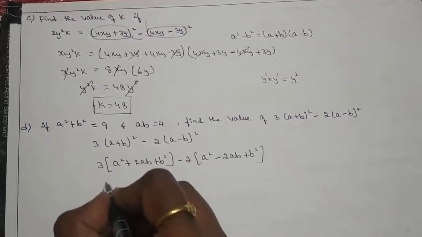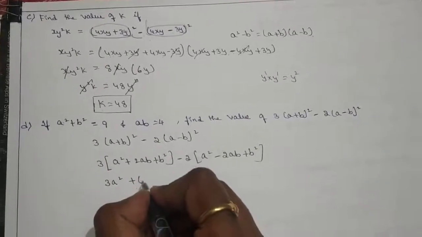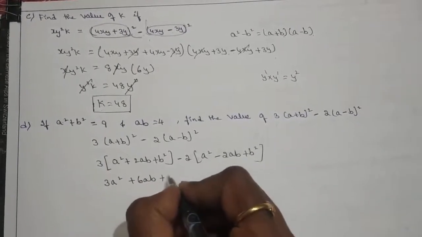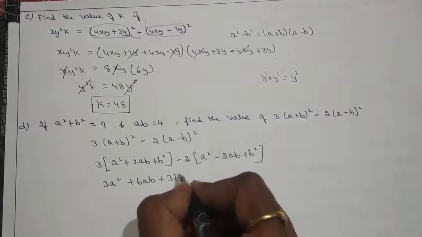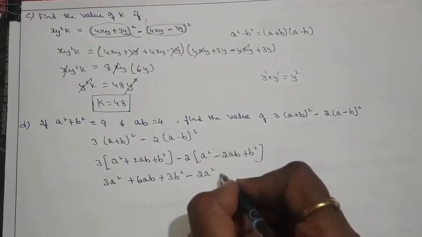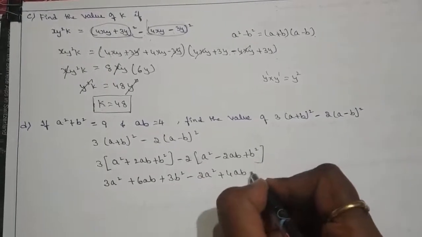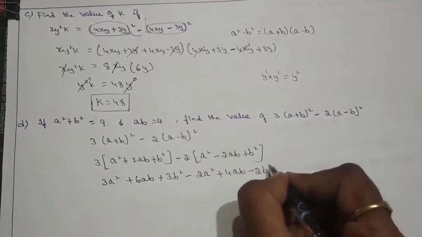Simplify. 3 into a square is 3a square, plus 3 twos are 6ab, plus 3 into b square is 3b square, minus 2a square, minus into minus plus, 2 twos are 4ab, plus, minus into minus, 2 into b square, 2b square.